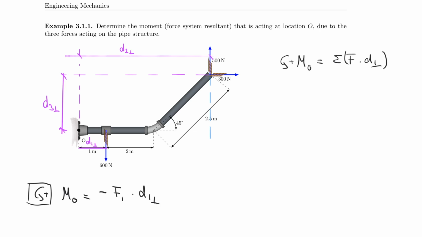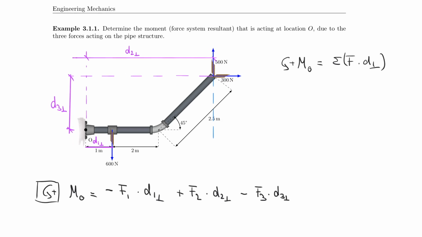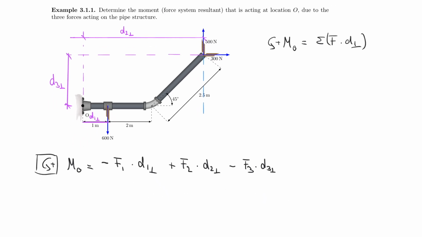And by the way, this is not part of the equation, so therefore I leave that out. All right, and then my F2, which is the 500, which rotates counterclockwise, therefore it's positive, times D2 perpendicular, and my F3 times D3 perpendicular, and that one rotates, and now I have to think about it myself, so it's rotating clockwise, therefore it's negative. All right, now let's put numbers to it.